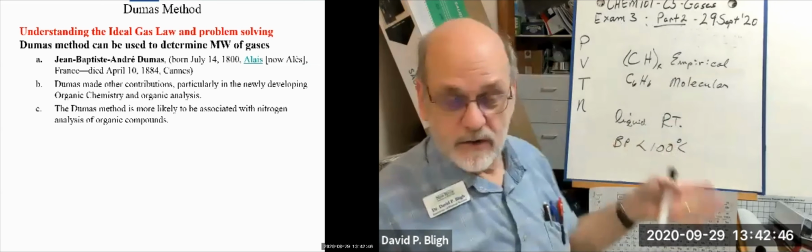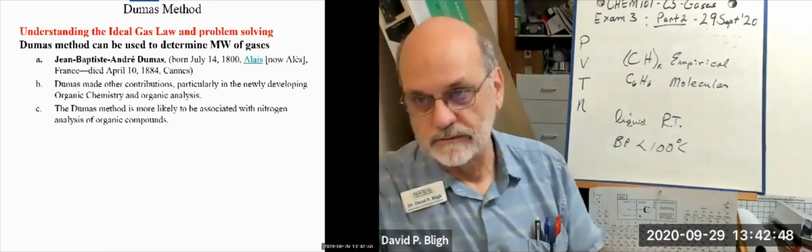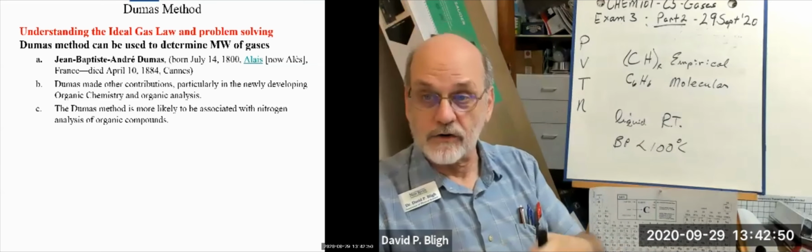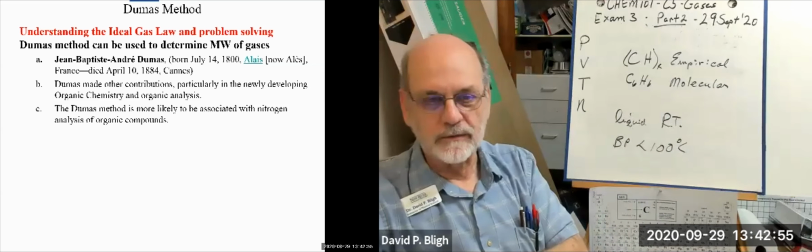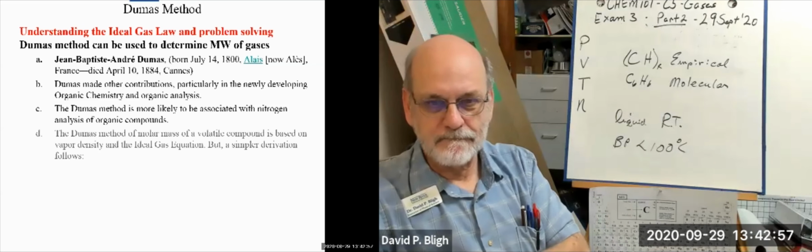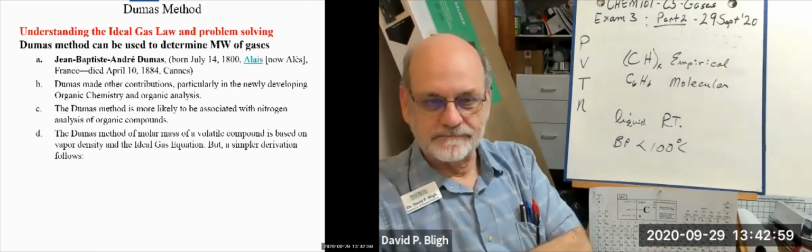If it's greater than 100 degrees, it's very difficult to do. You'd have to use either a hotter source or choose a different method, which is usually what we do. Okay.